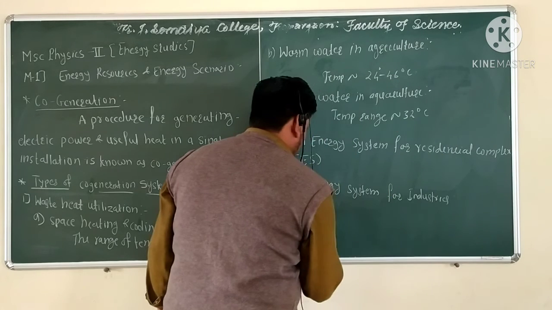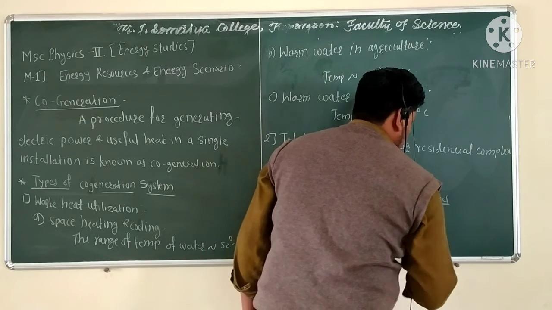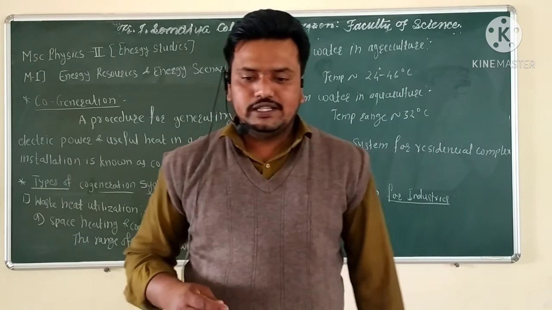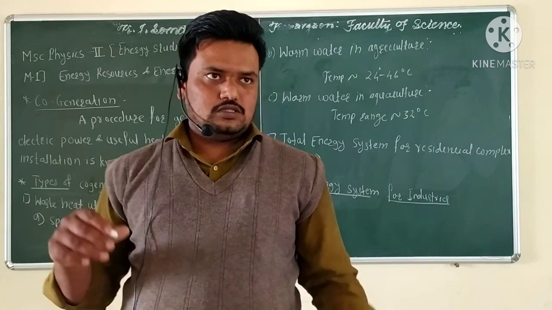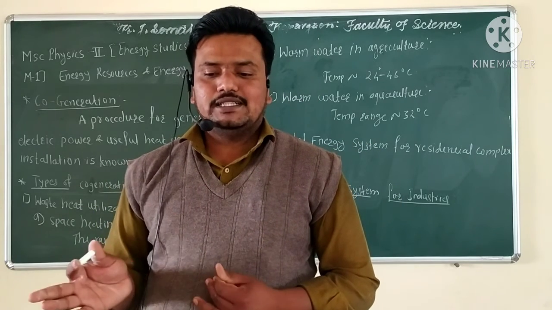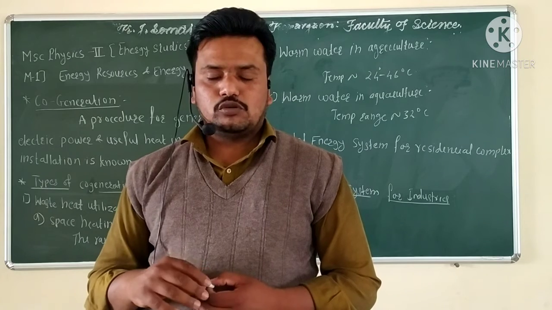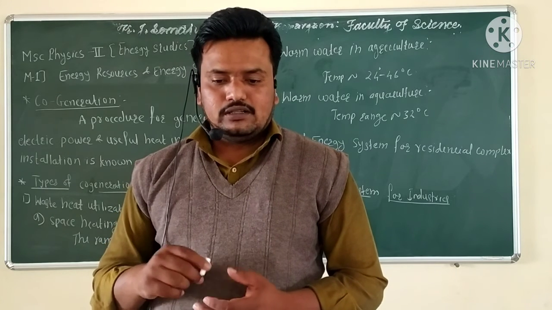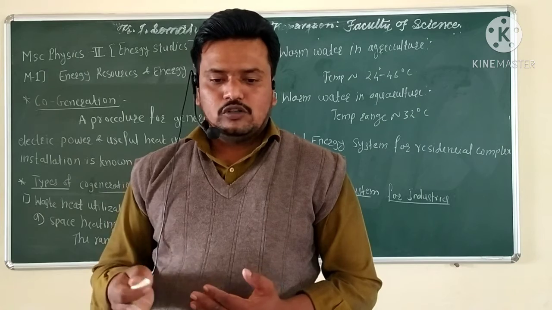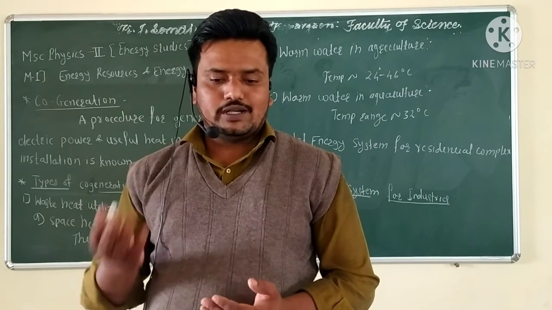Okay, so the total energy system, TES for industry, has the objective to produce both electricity and industrial process heat, and the heat component may be supplied in the form of heat or hot water and hot air.